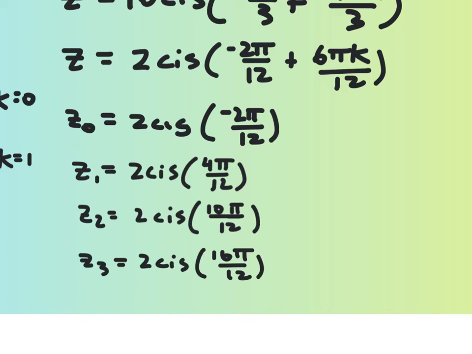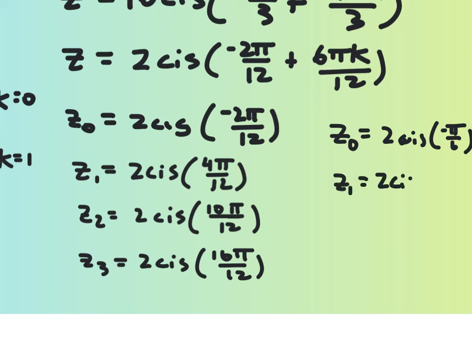So z sub 0 would be 2 cis negative pi over 6. Z sub 1 is 2 cis pi over 3. Z sub 2 is 2 cis 5 pi over 6.